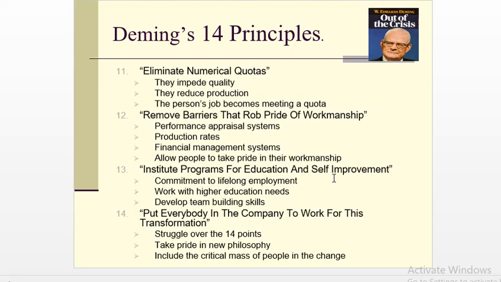In his 11th point, eliminate numerical quotas. In the 12th point, remove barriers that rob pride of workmanship. Then in the next point, institute a vigorous program for education and self-improvement. And his last point, put everybody in the company to work for this transformation. So these are Deming's 14 points as he explained.